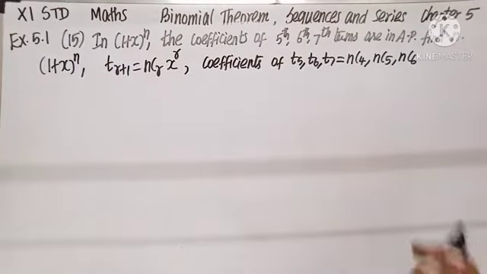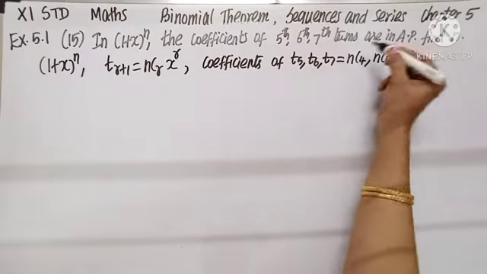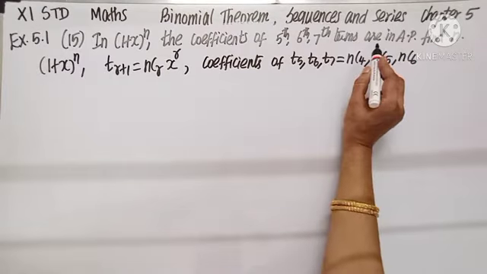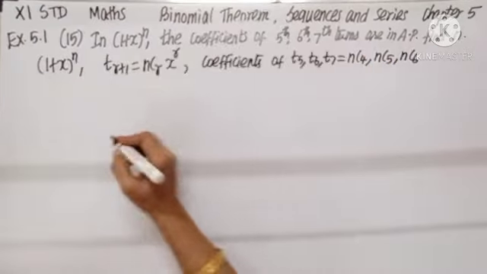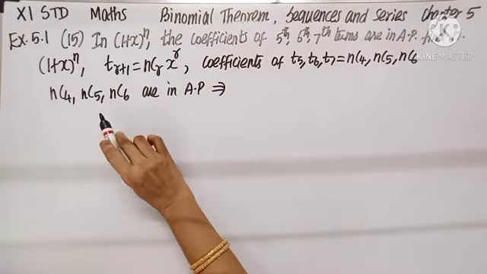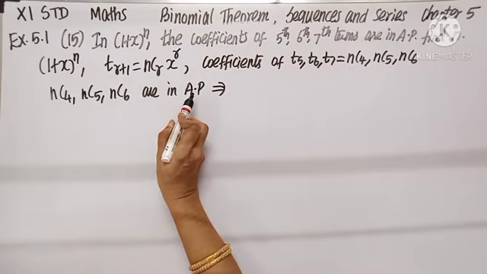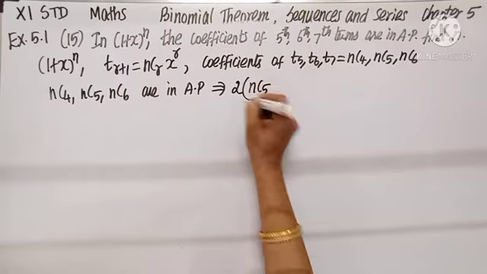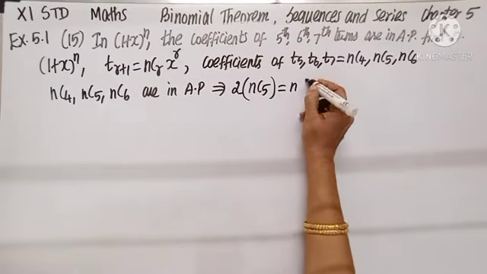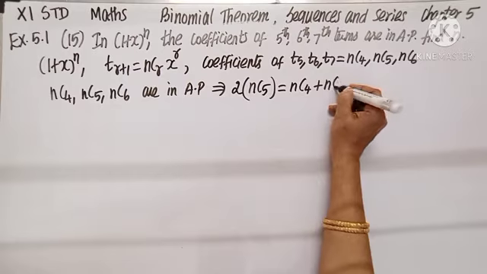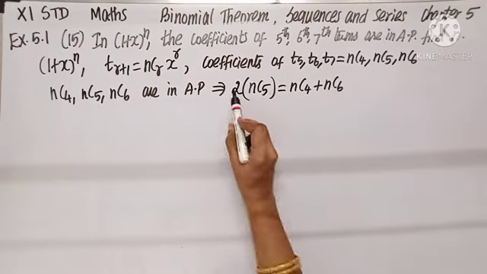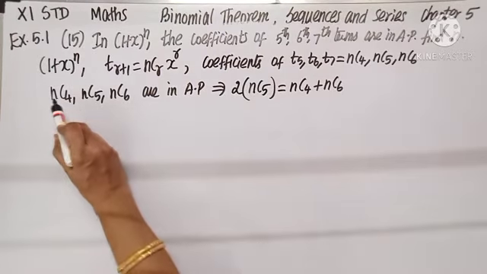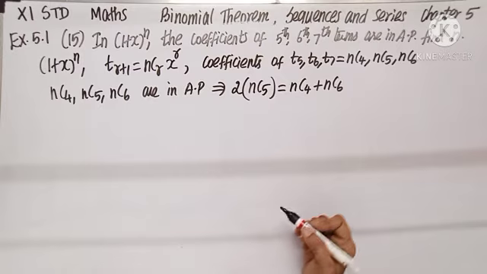As we know the coefficients, let us go on to the question. It tells coefficients are in AP. What do you mean by AP? Second term twice equals first plus third term. 2 nC5 equals nC4 plus nC6. Twice the second term is the sum of the first and third term.